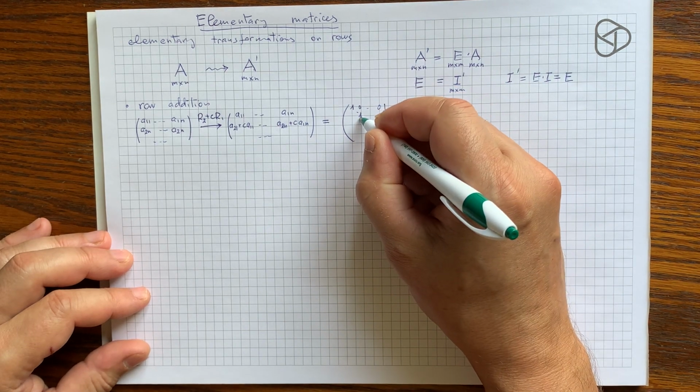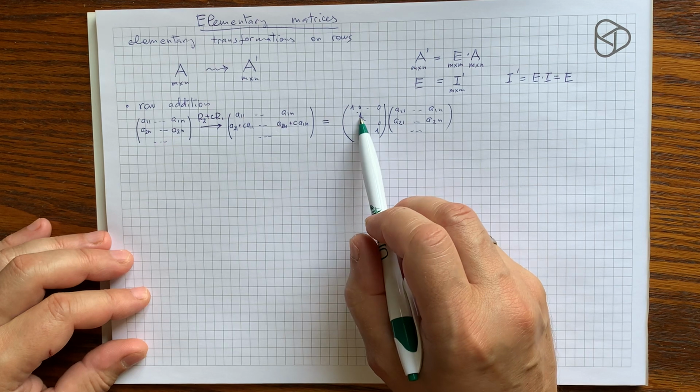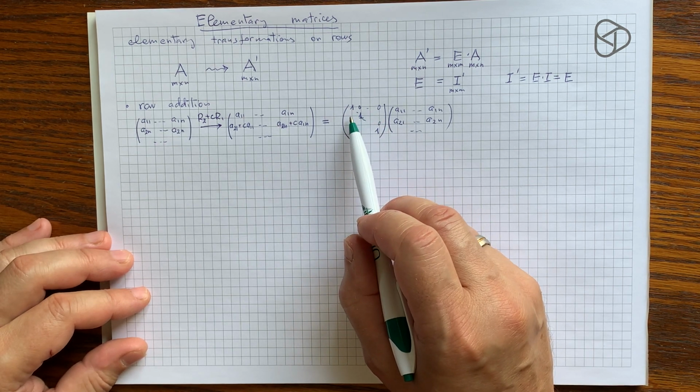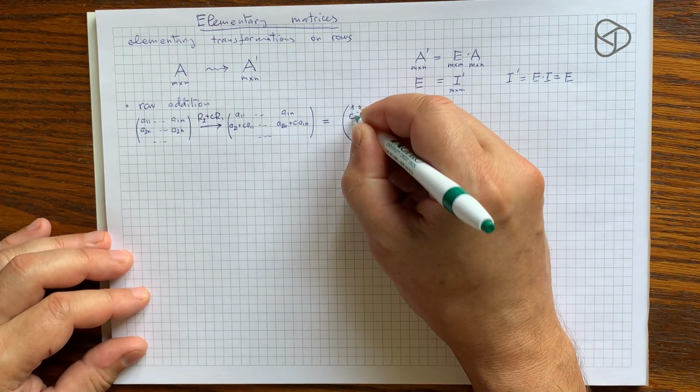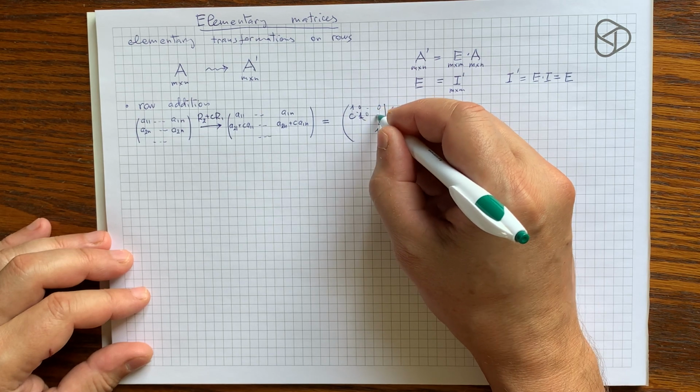In the second row in the identity matrix, we had only one non-zero entry, number 2. The rest are zeros, but when we add the first row to it, scaled by C, we will have C appearing in this position. Zeros everywhere else, as before.